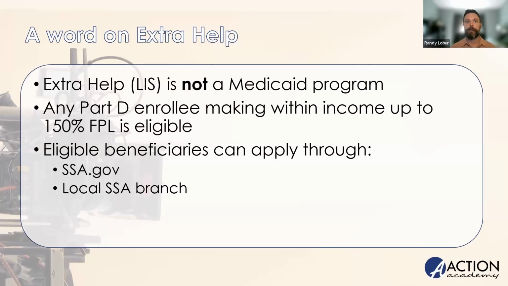So if you have someone on the thresholds, maybe they haven't received any supports in the past, or maybe they're newly eligible for Medicaid or an MSP, there's two places you want to apply. For the MSP, you're going to the state DHHS. For Extra Help, you're going to ssa.gov or the local SSA branch.